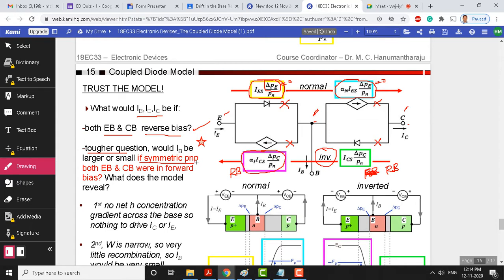This is a symmetrical PNP transistor, and we are forward biasing both the emitter base junction and collector base junction. Will you get any base current, or if there is a base current, whether it is large or small? What does the model tell you? Can you think of this quickly? Just take 2 minutes and analyze these things.